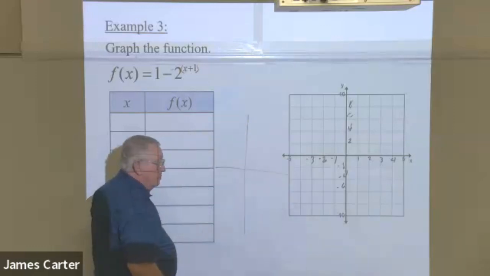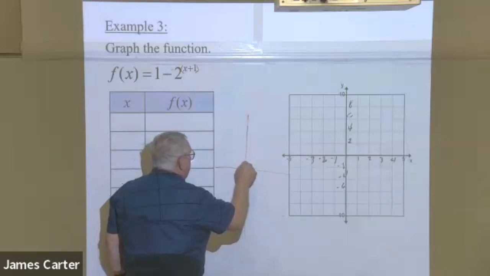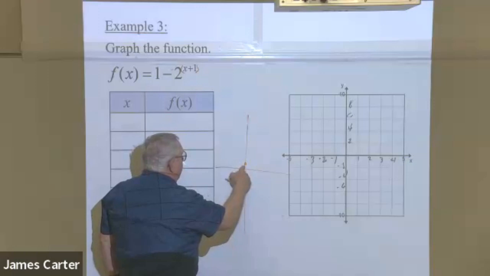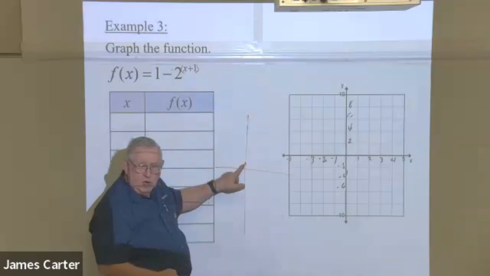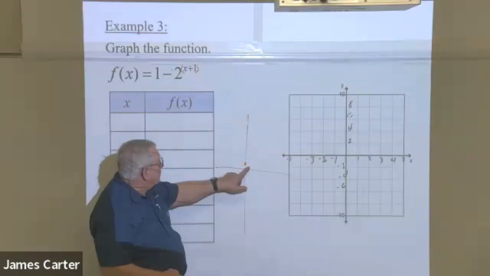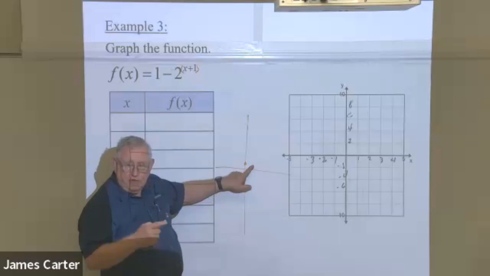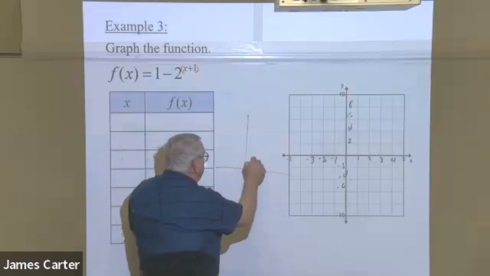Graph table. 2 to the x goes to the point 0, 1. If x is 0, y is 1. For 2 to the x, if x is 1, y is 2, 2 to the first power here.